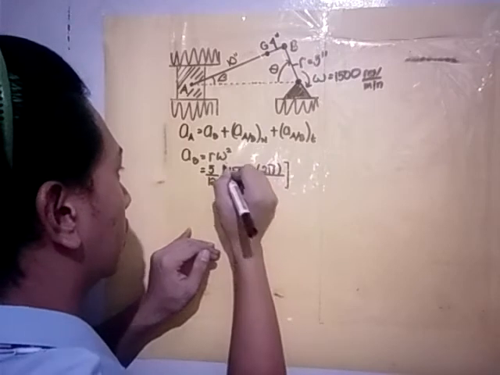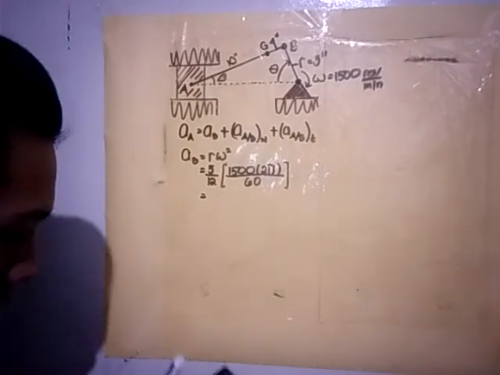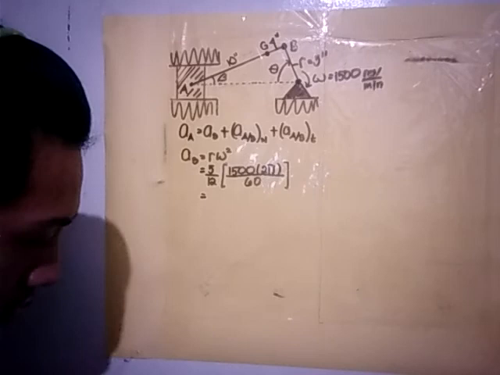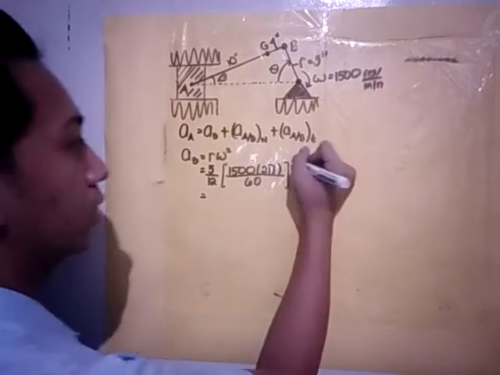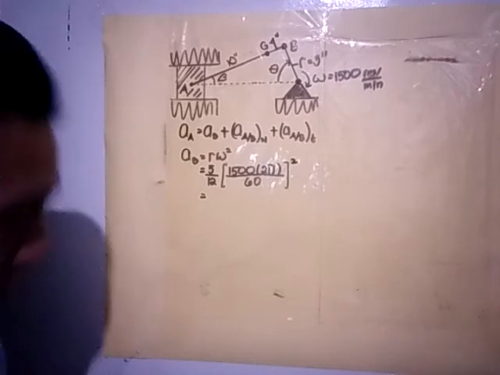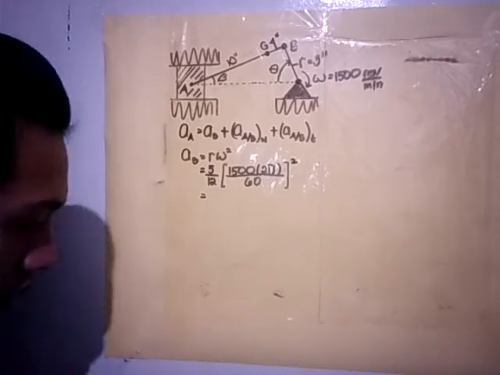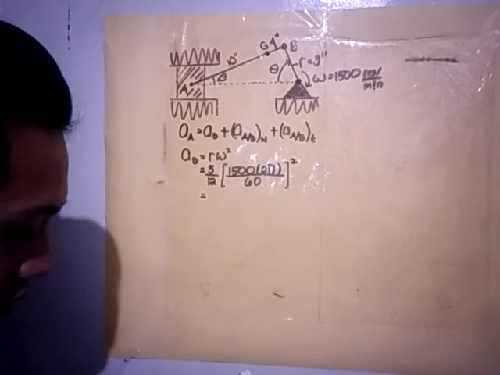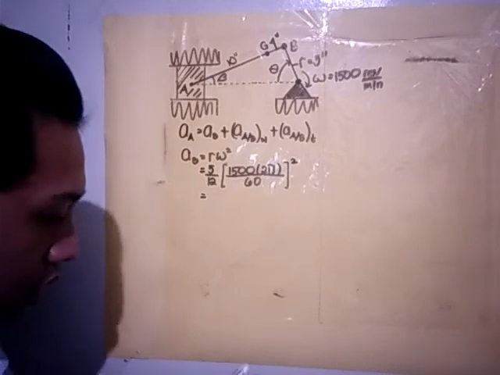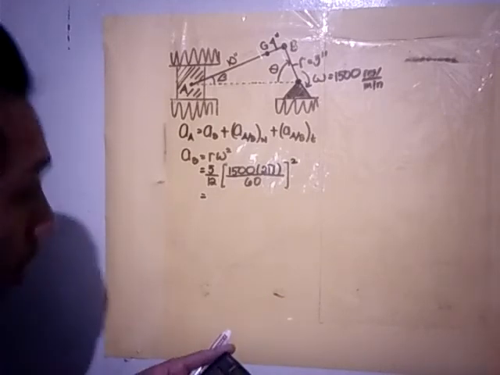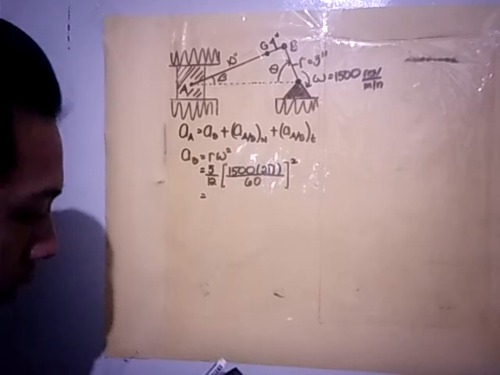This is in brackets, and sorry, this is squared because it is angular velocity squared. So 1500 times 2 pi divided by 60, squared, times 5 divided by 12.